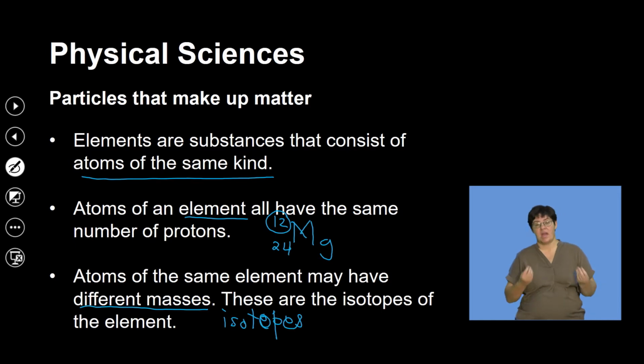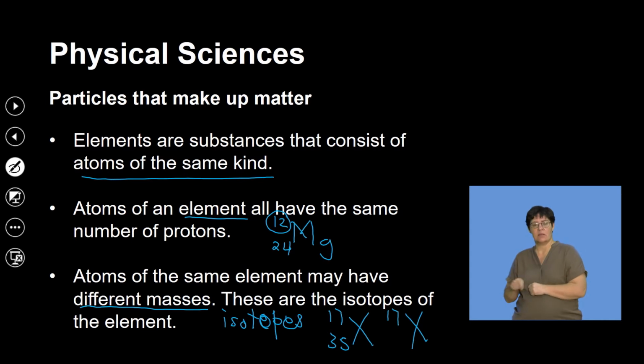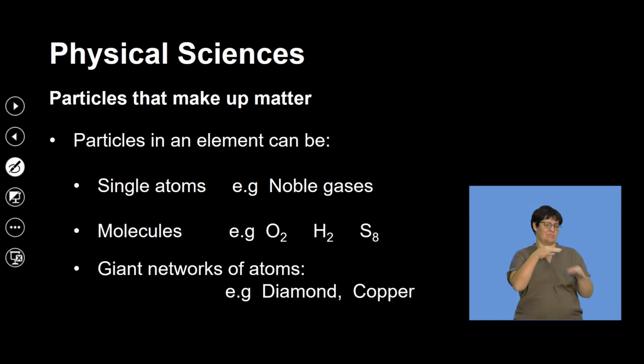Let's say we can have element X with, let's say, number 17 and 35, and then we can have X, which is 17 and then 37. You'd realize that the number of protons is the same for this element, yet the atomic mass is 35 and 37. So this element X has got isotopes. We'll talk about that at a later stage.